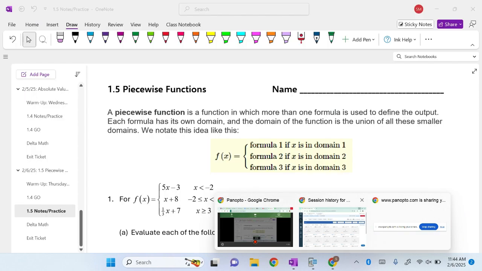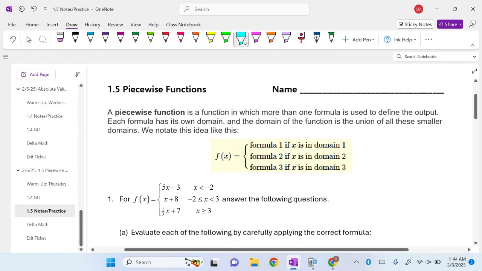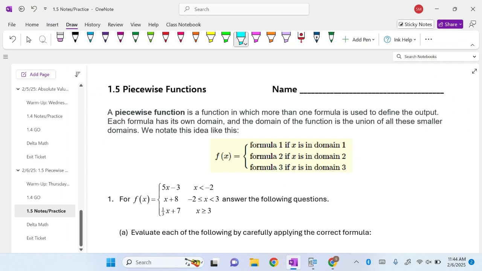All right. So with piecewise functions, we're breaking away from absolute value functions. We're learning about piecewise, so it's a completely different type of function. Piecewise functions to me are one of the funkiest graphs you'll ever see, because it literally looks like puzzle pieces of different functions.